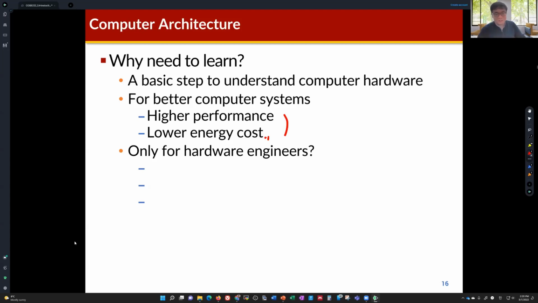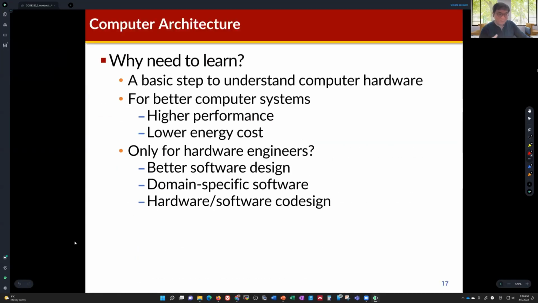Then another question: is computer architecture only required for hardware engineers? Definitely no, because it's also critical for better software design. So what is better software? Take the same game application.